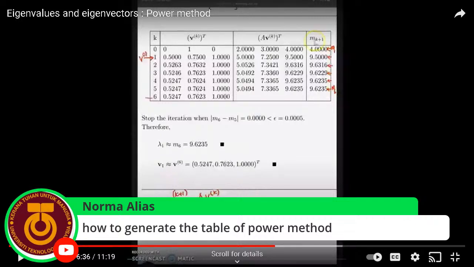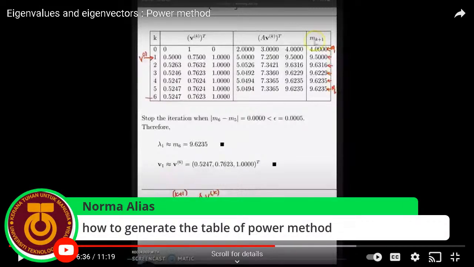Lambda 1 is the eigenvalue 9.6235. Can you generate this table in 10 minutes? Because you need to do matrix multiplication AV. You need to find M(k+1), the maximum value from AV. And then you need to use power method to get V, where V is 1 over M times A times V. You can do it in 10 minutes. This is my question.